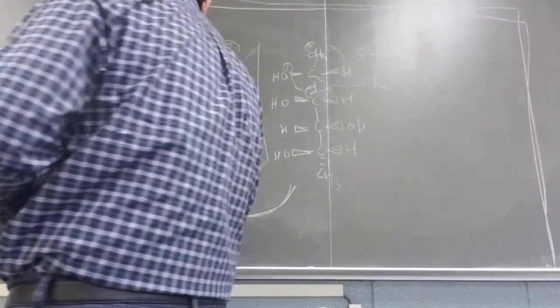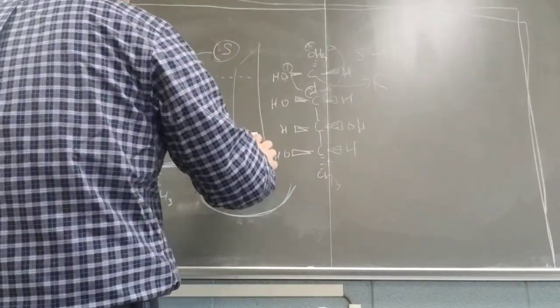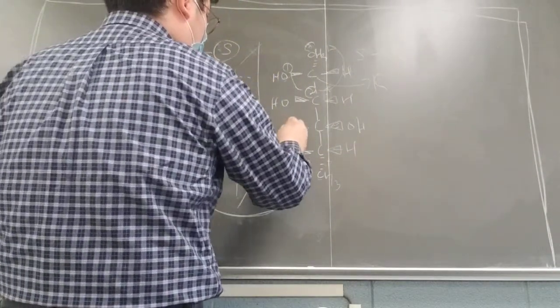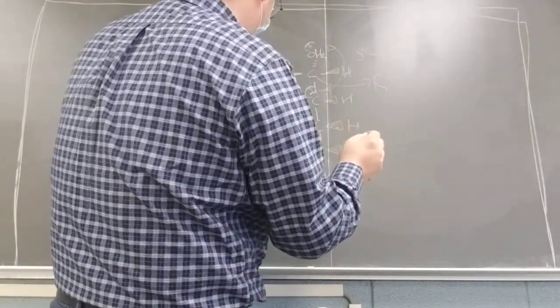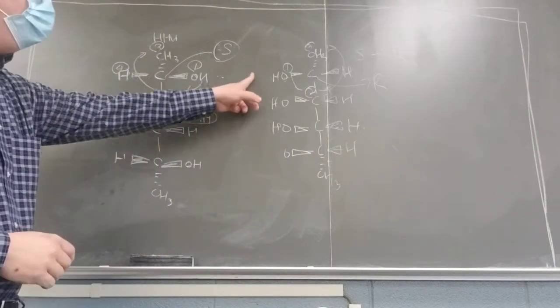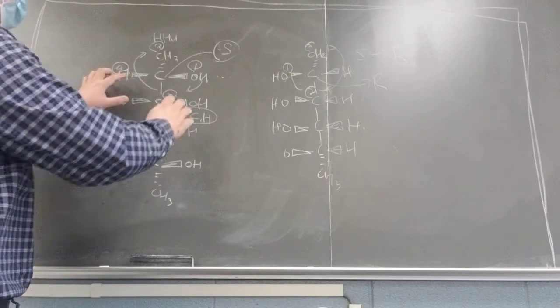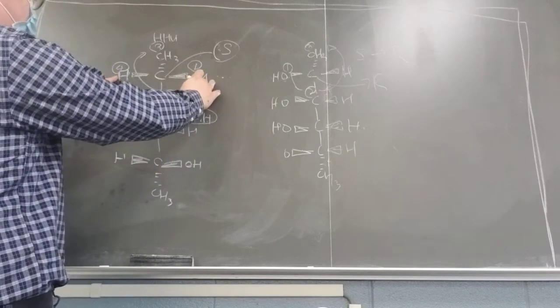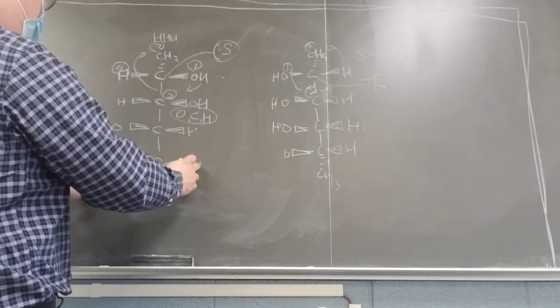So if that is the case, what if I change this one to here? I change this one to here, like this, and here. And if you look at this one here, this one has the hydroxyl group, hydrogen, hydroxyl over here.